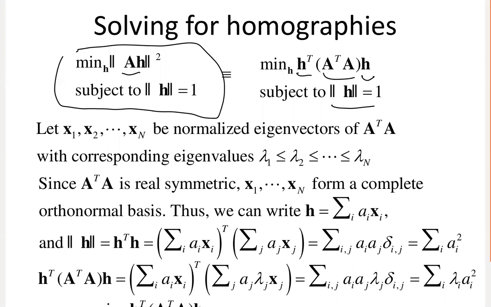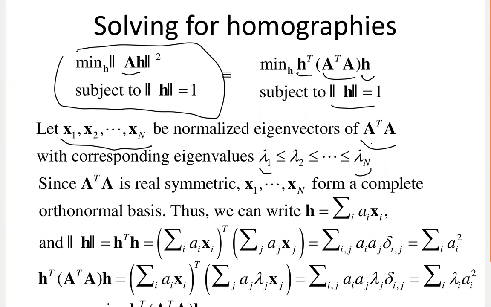Now the solution: let's say x1 up to xn are the eigenvectors of A transpose A, and the eigenvalues are lambda 1 up to lambda n, sorted in order.